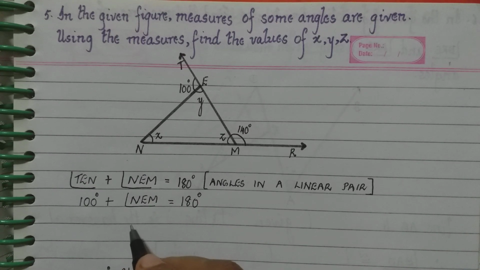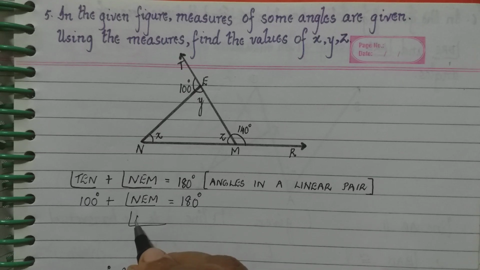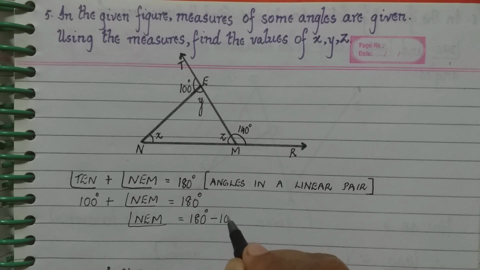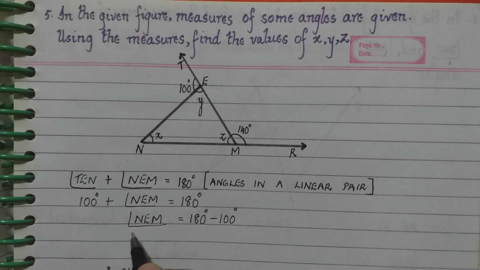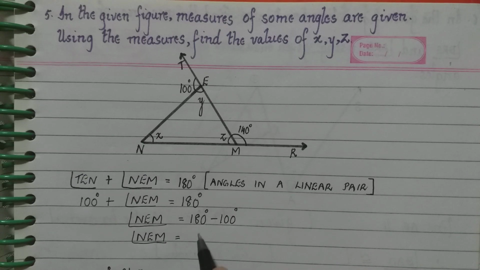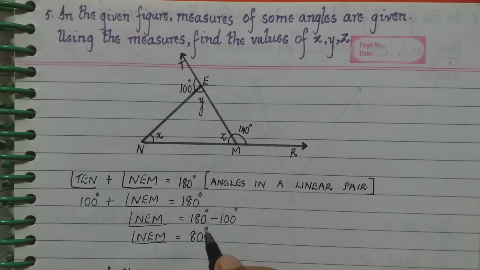So what will be angle NEM? We will have to take 100 degrees to the right hand side. So this will be 180 degree minus 100 degree. Therefore angle NEM is equal to 180 degree minus 100 degree, which is 80 degree.